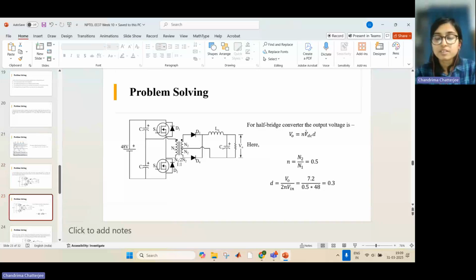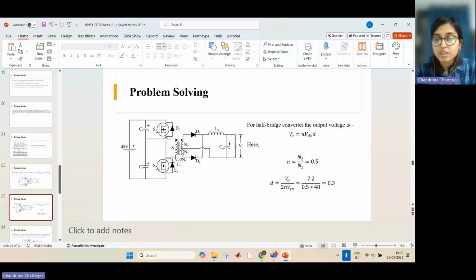So for a half bridge converter, the input output voltage relationship is this: V0 = N VDC D. So N here is N2 by N1, which is 0.5. Right. So this is 1:1. So this whole winding is 1:1. But as this is center tap, for the upper half and lower half, it will be 0.5 and 0.5.